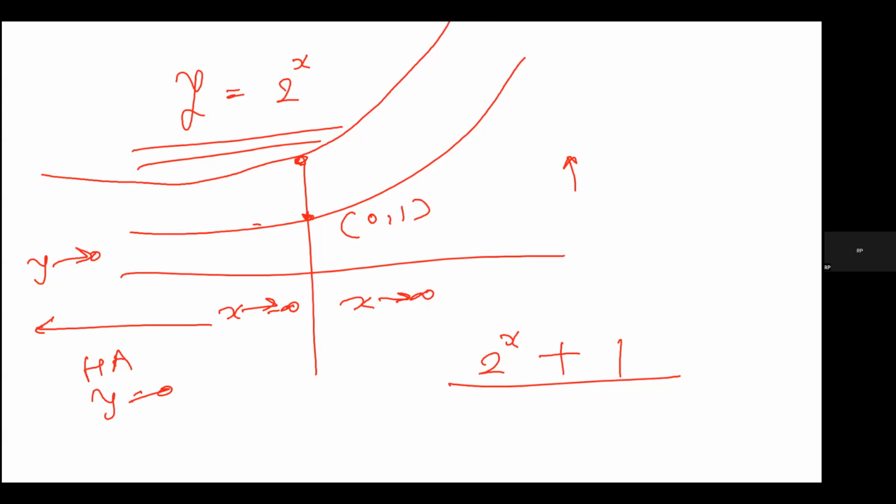If the graph is moved 1 unit down, then it will be going through this. This will be your 2 to the power x minus 1. So these are the transformations you can apply to the graph.